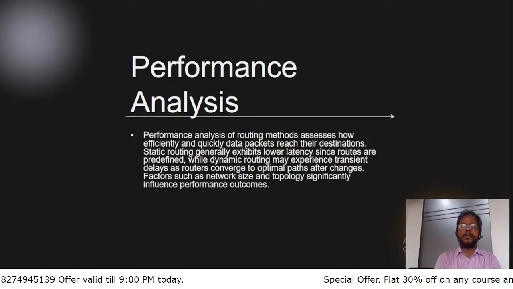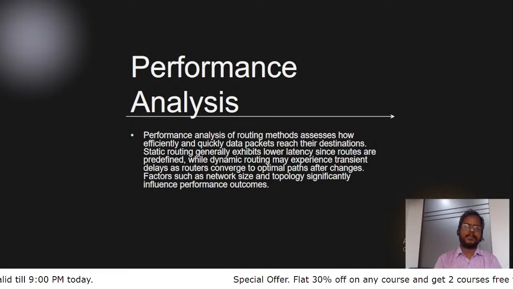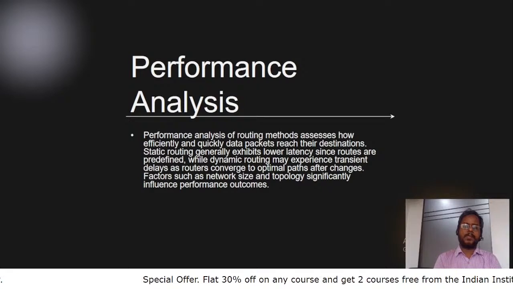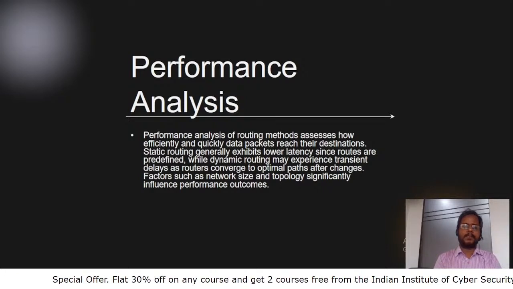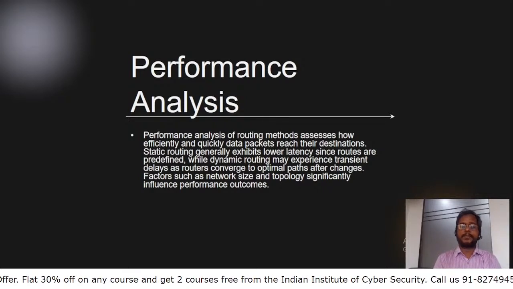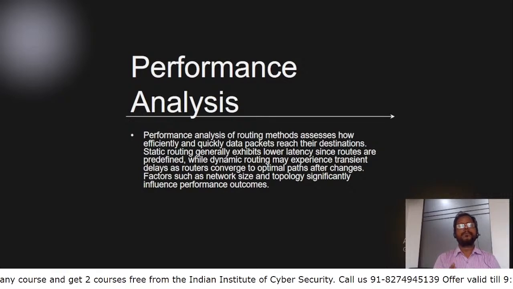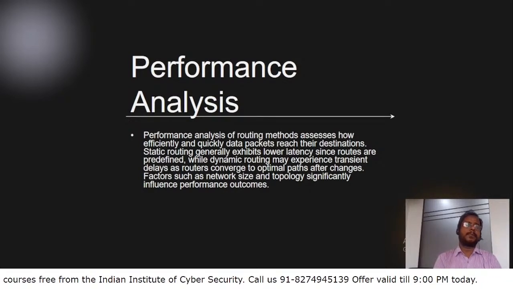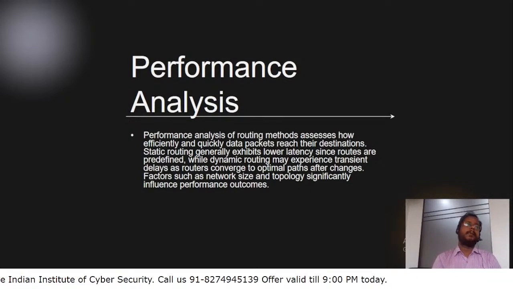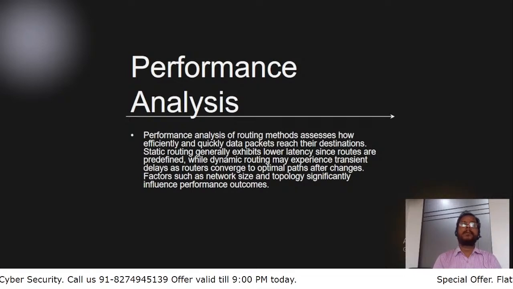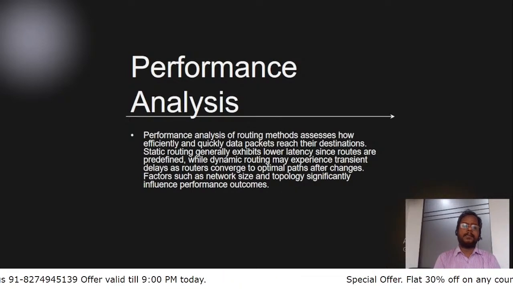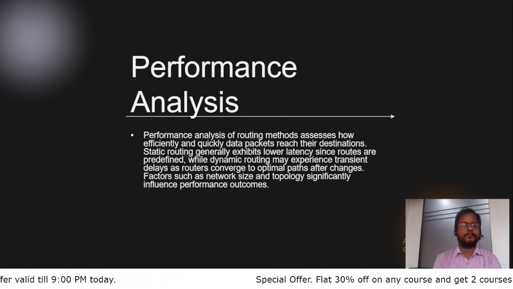Static routing generally has low latency, it is fast, but dynamic routing protocols experience some transient delays because you are using a routing protocol, and it is for the WAN. The WAN will decide the speed that the dynamic routing protocol has, and it fluctuates with the topology.